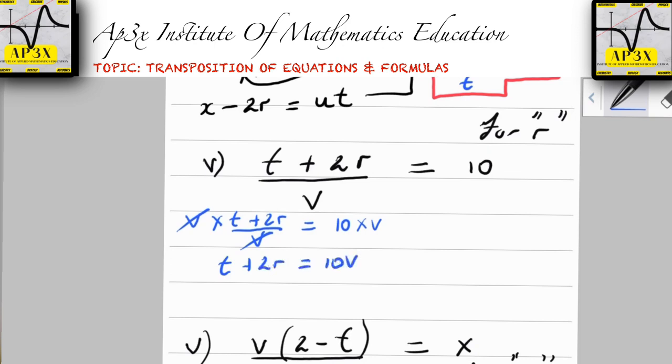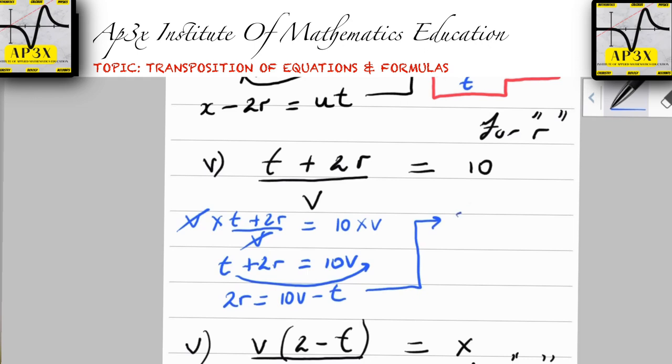In this example now, you'll realize that my subject is already positive. So I'm just going to keep my focus on getting rid of what is beside my r. So I'm going to just bring over my t to this side here. I'm going to end up with 2r = 10v - t. Let's carry this solution over here now.